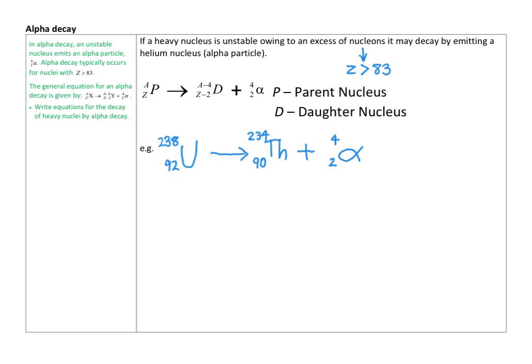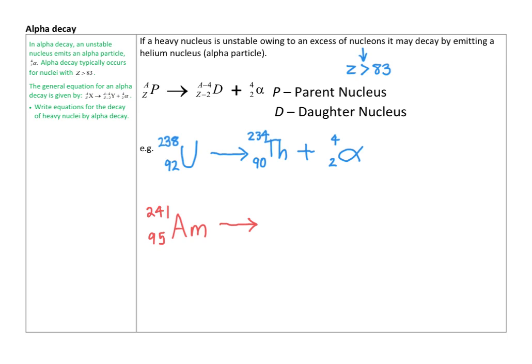Another one that you may be familiar with, but not realise you're familiar with, is americium-241, and americium is element number 95. And you're going to say, I've never heard of americium-241, but I can trust you.